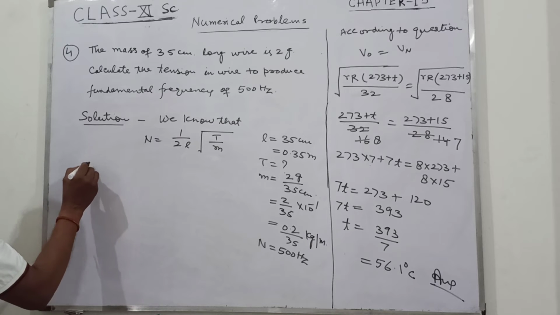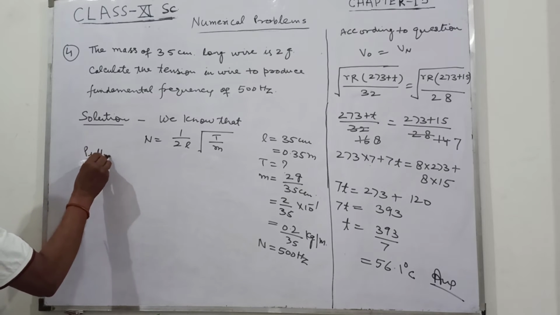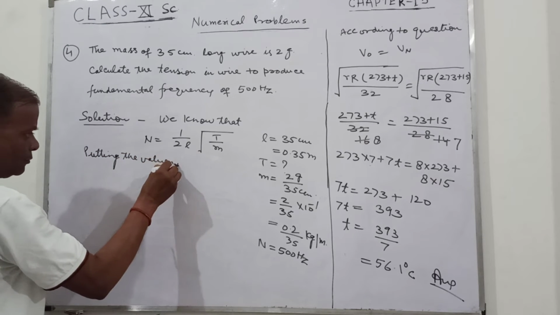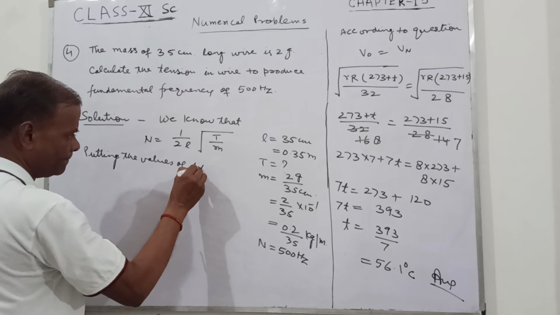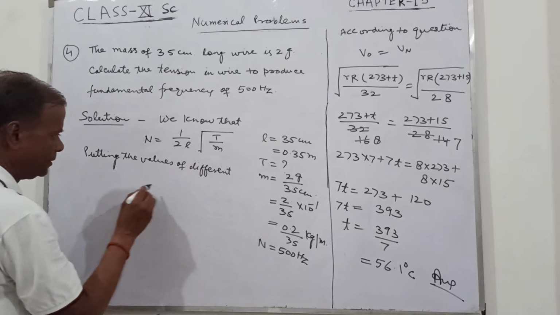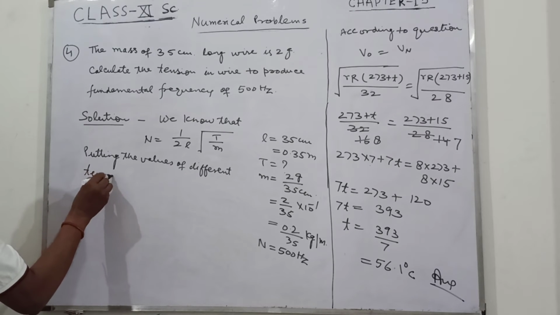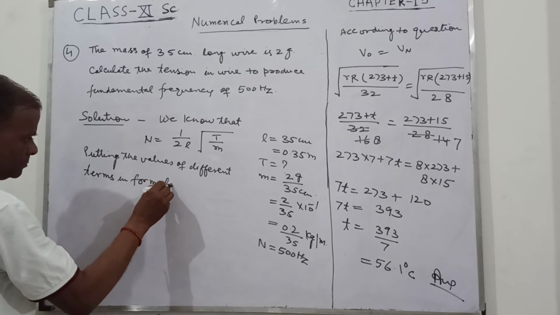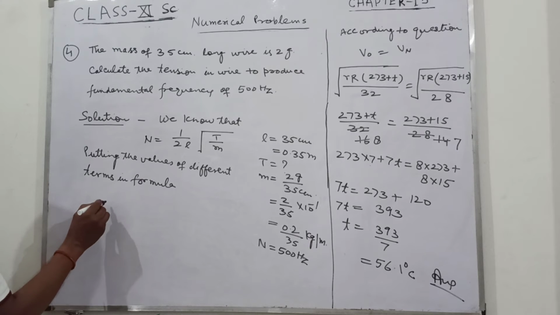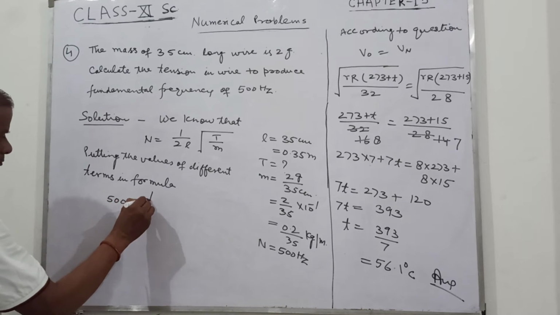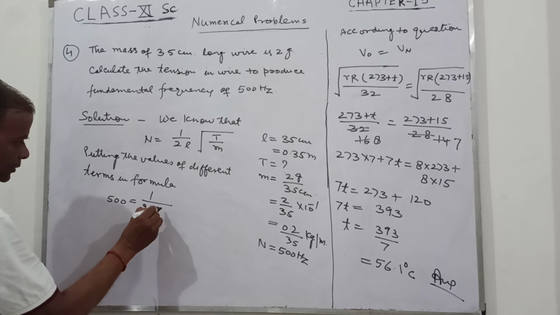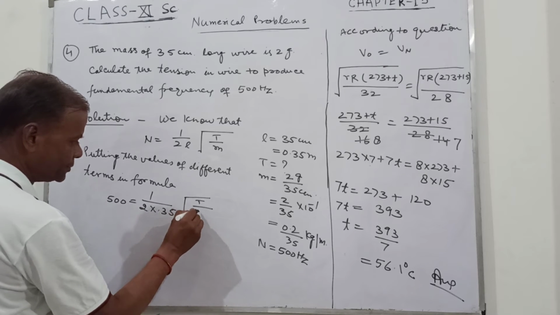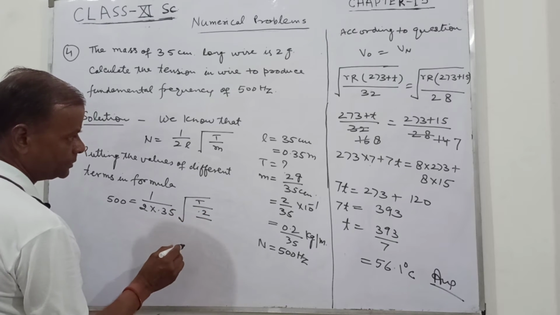Put all these values in this equation. Putting the values of different terms in the formula: 500 equal to 1 upon 2 into 0.35 into square root of T upon m, where m is 0.2 upon 35.